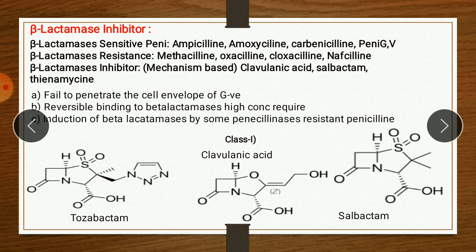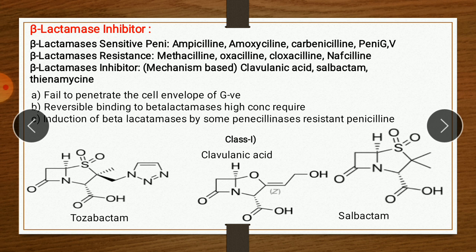This interest has led to the design and synthesis of additional mechanism-based beta-lactamase inhibitors such as sulbactam and tazobactam, and isolation of naturally occurring beta-lactams such as thienamycin, which both inhibit beta-lactamase enzyme and interact with penicillin binding protein.